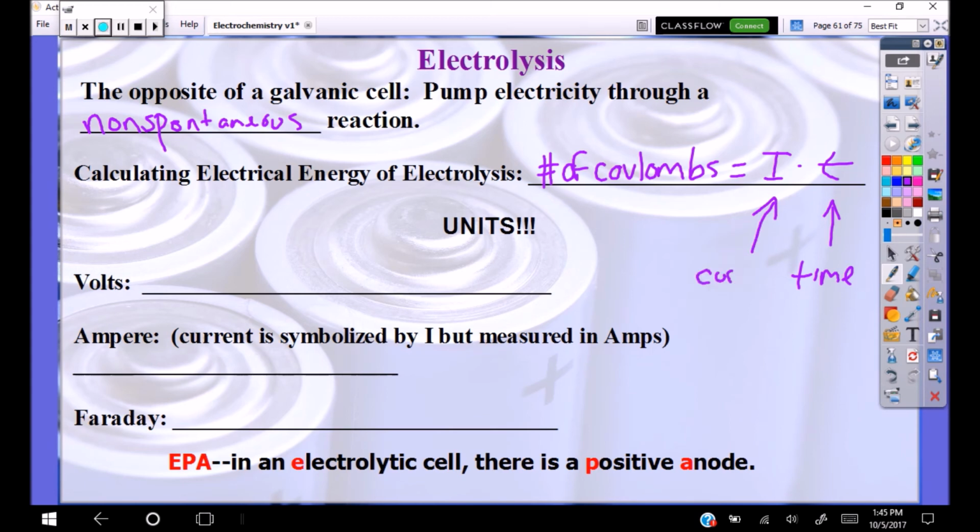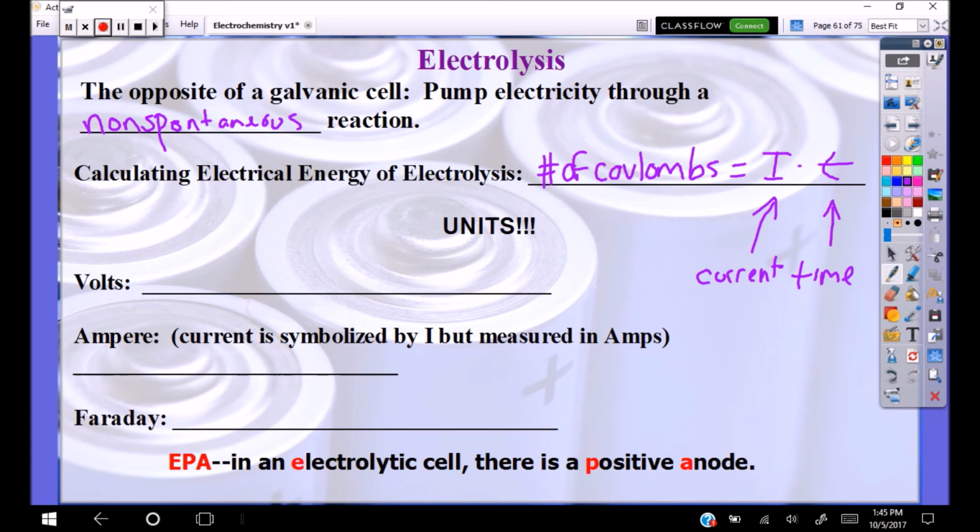So current has units of amps. We'll talk about that in a second. But they use I instead, and that's based off of Faraday's law. It's a physics and electromagnetism thing. I believe, correct me if I'm wrong, inductance is what they use that for, so it's I.